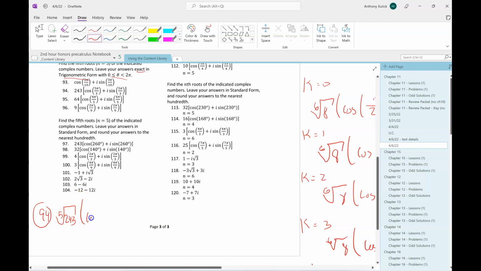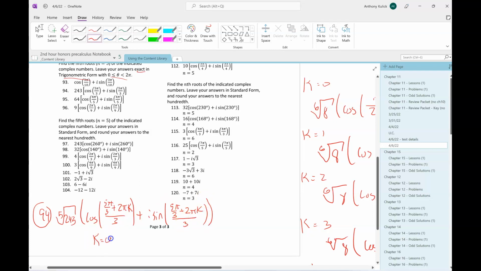Fifth root, 243 cosine of 5 pi over 3 plus 2 pi k over n plus i sine 5 pi over 3 plus 2 pi k over n, which is 3. I don't know why I wrote n there before.